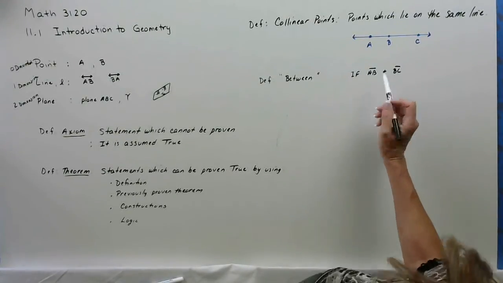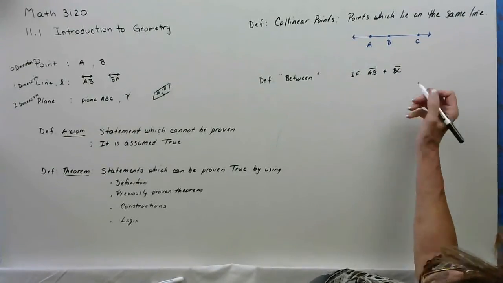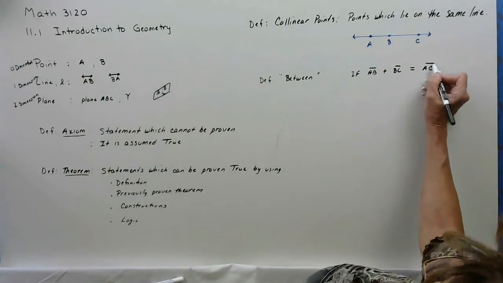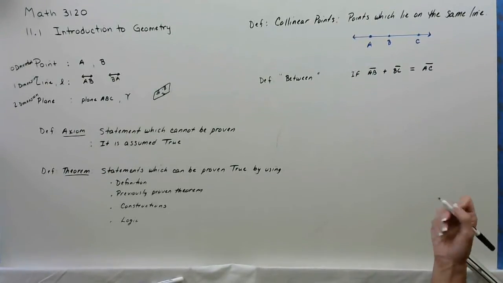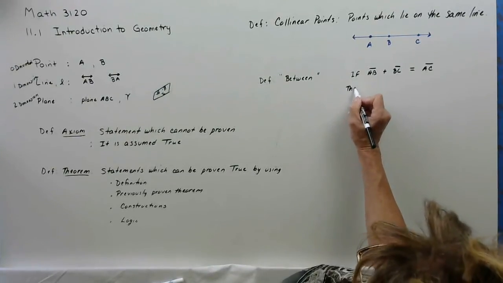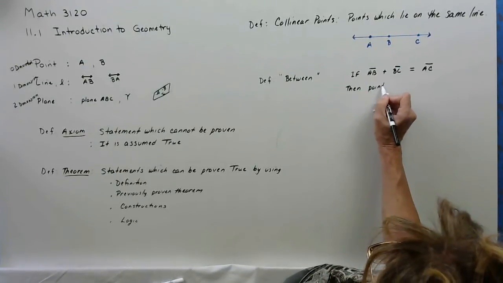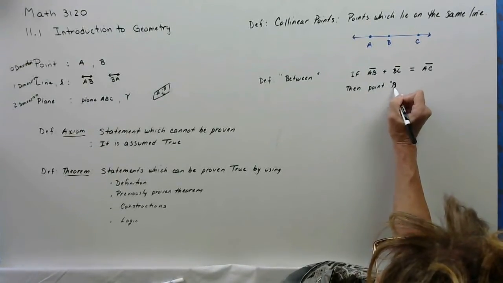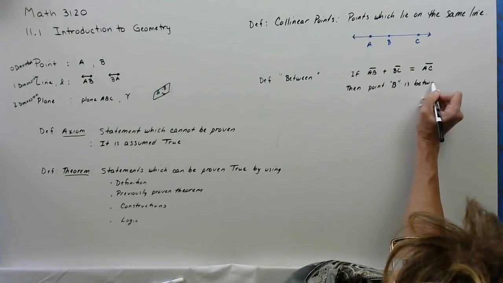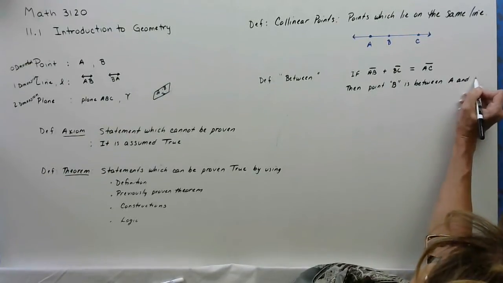If I add these two together, the distance from A to B and B to C, that's the same as starting at A and ending at C. This is the transitive property. If this is the case, then we can say the point B is between point A and point C.